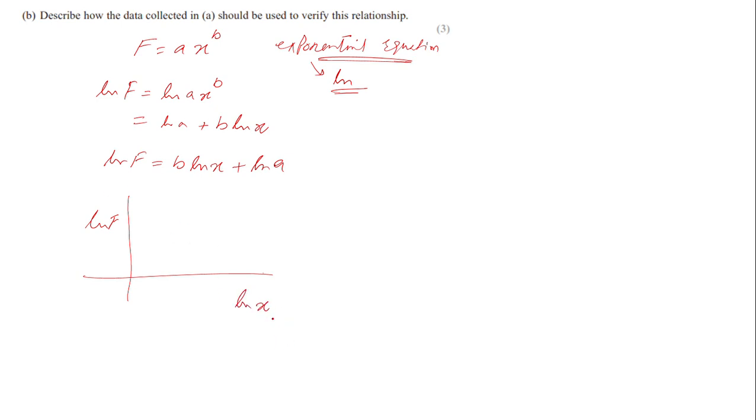From the graph, you should have a straight line, and the gradient of this straight line should be constant, which is b. That's what you need to write.